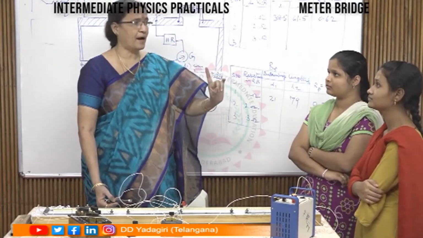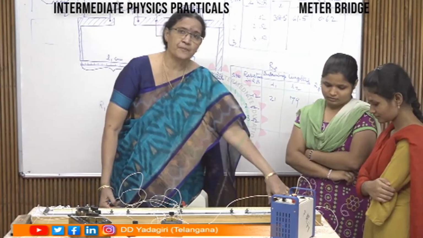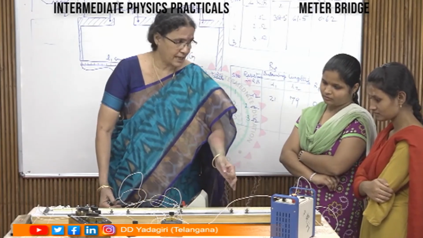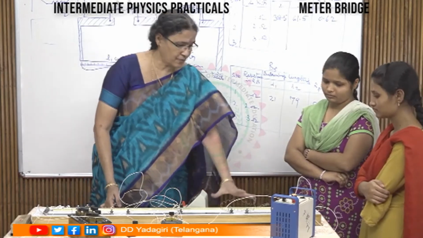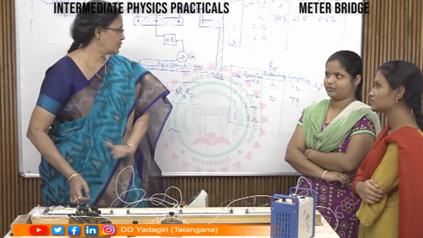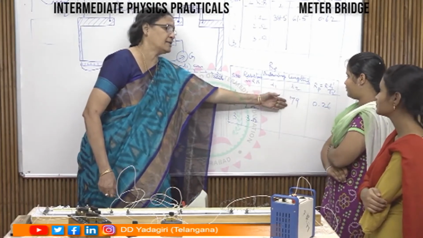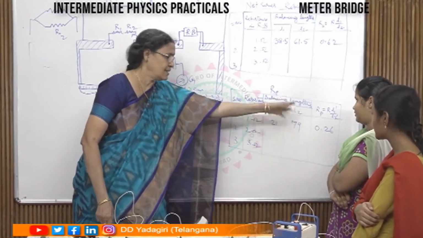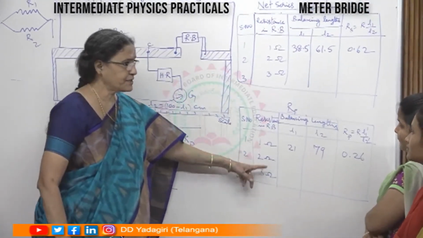L1 is the length from the starting point of the meter bridge wire, this side, where the unknown resistance wire is connected. This is L1, this is L2. So if I get this as 21, 100 minus 21 is 79. That is 0.026. Like that you take, apply 2 ohms, 3 ohms.